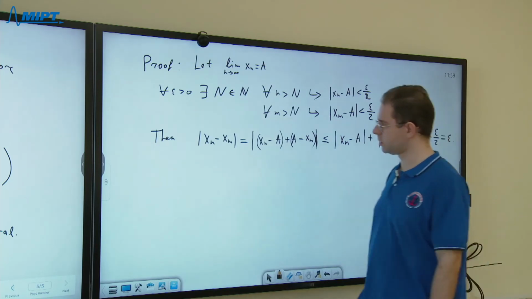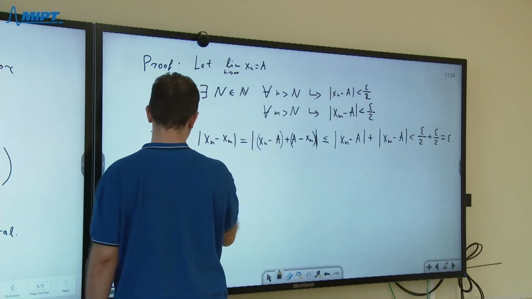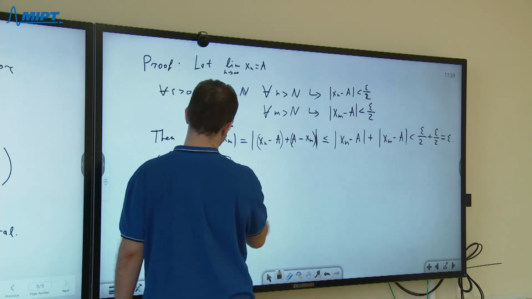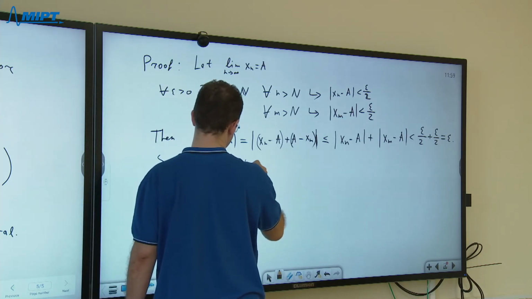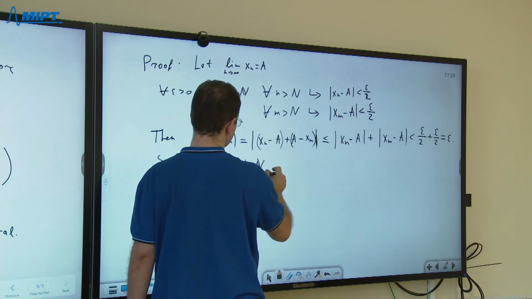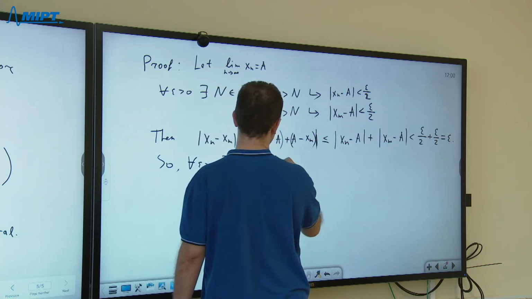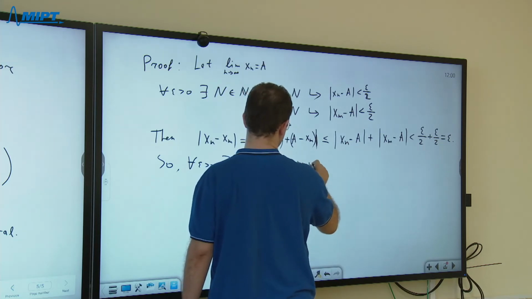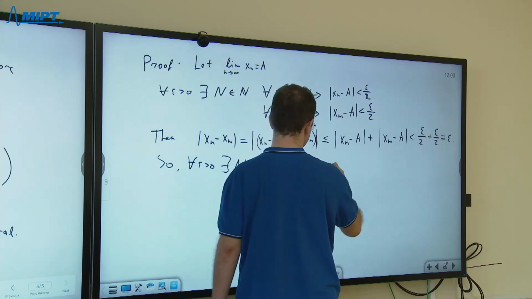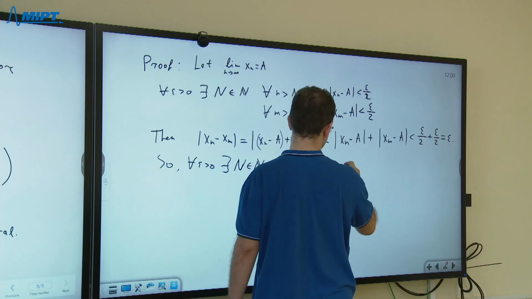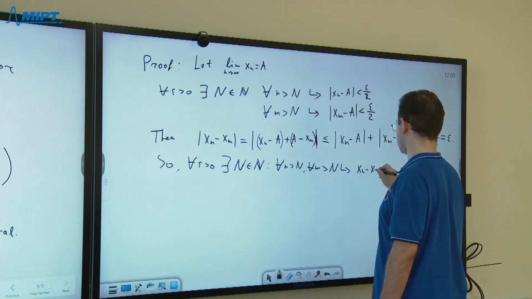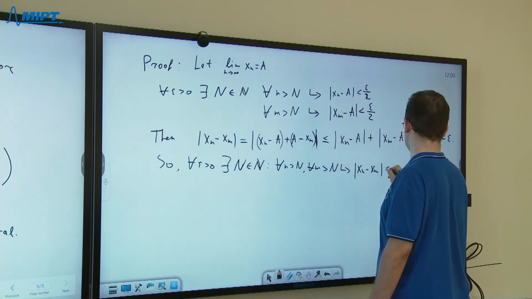So, for any epsilon, there exists a natural capital N such that for any n and m greater than capital N, it follows that |xn - xm| is less than epsilon.